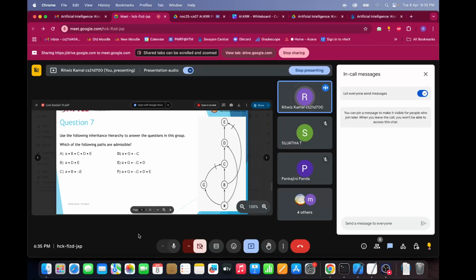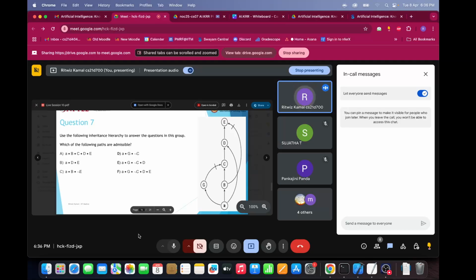Any partial solutions? Except A, all are correct. Okay, we have one vote for option A that says that A is not admissible, right? It is correct.